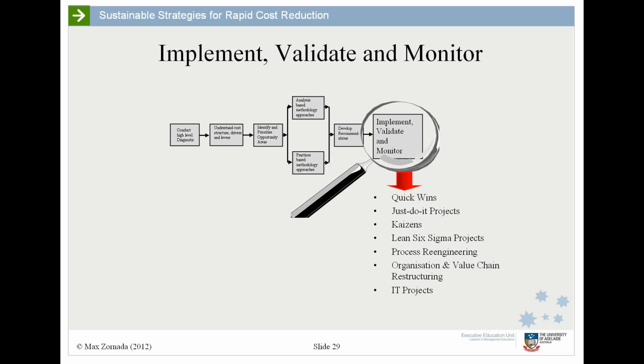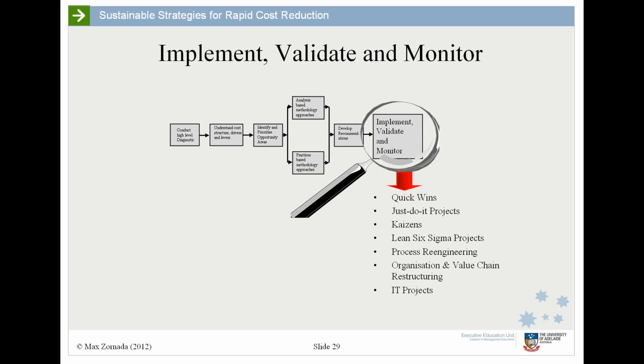Quite often during the early stages of when we develop our cost models, something just stands out, that here is something that we know what to do. Now that we see, it's just a matter of allocating a resource to do something, and we get the benefit. So I call those just do it projects. Once you've identified the need, there's not a lot of further analysis. It's just a matter of actioning it.